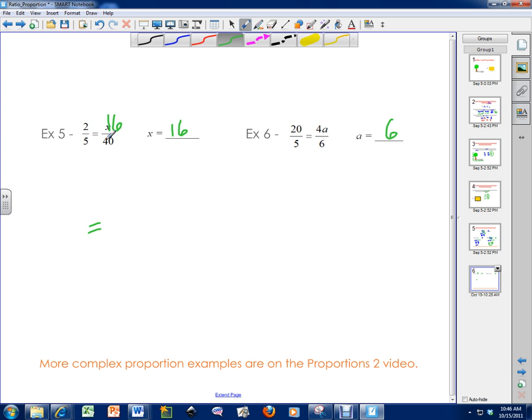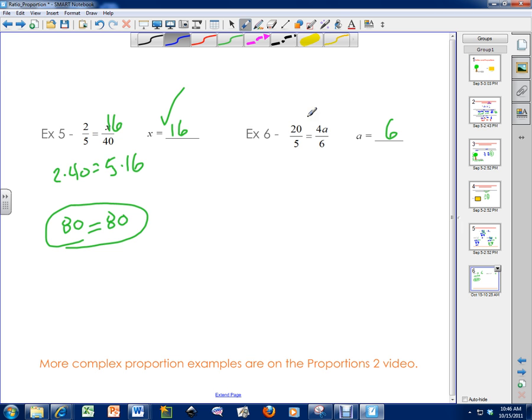Well, 2 times 40 is right here. We have 5 times 16 right here, and if I multiply 2 times 40, that gives me 80. 5 times 16 gives me 80, and since these are equal to each other, 16 has to be the correct answer.